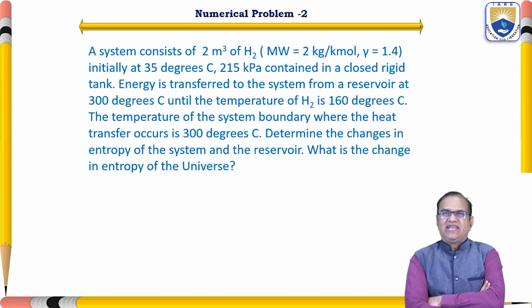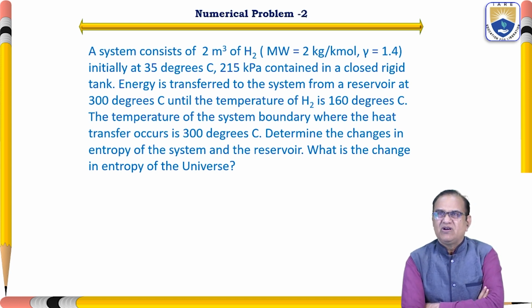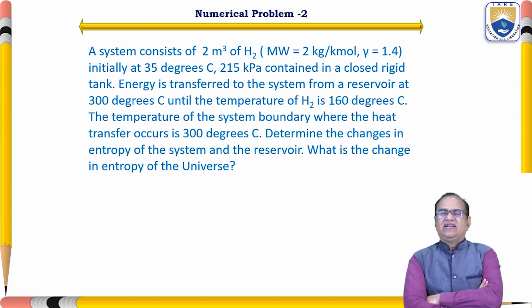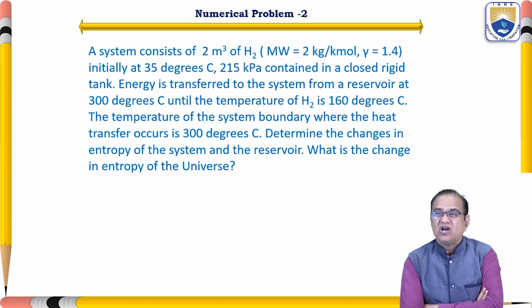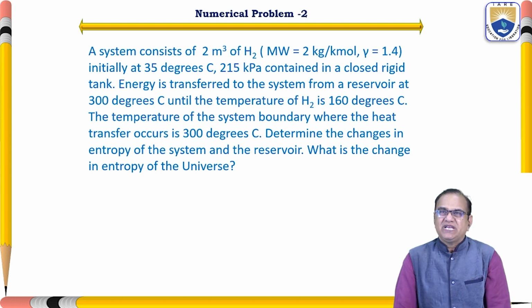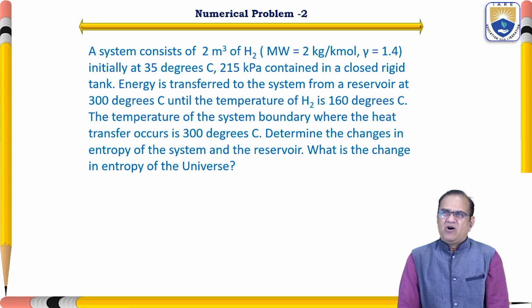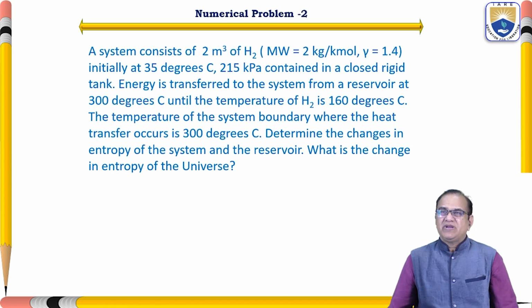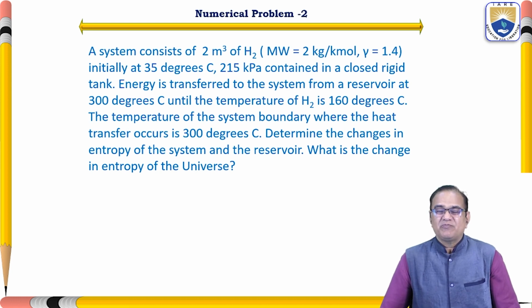Energy is transferred to the system from a reservoir at 300 degrees centigrade until the temperature of hydrogen is 160 degrees centigrade. The temperature of the system boundary where the heat transfer occurs is 300 degrees centigrade. Determine the changes in entropy of the system and the reservoir. What is the change in entropy of the universe?